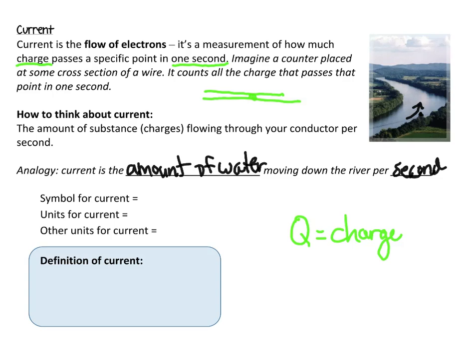So just some things we need to know. The symbol for current is capital I. The units are amps or amperes, so that is a capital A for amperes.